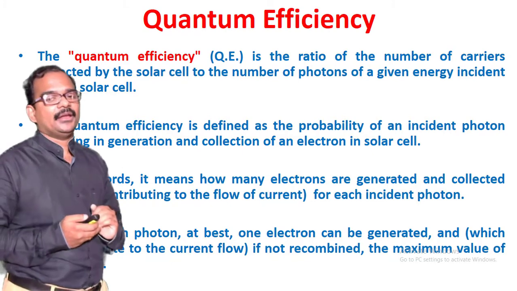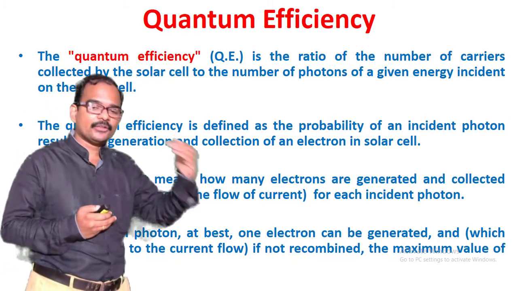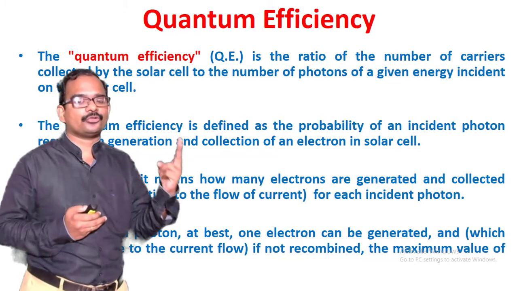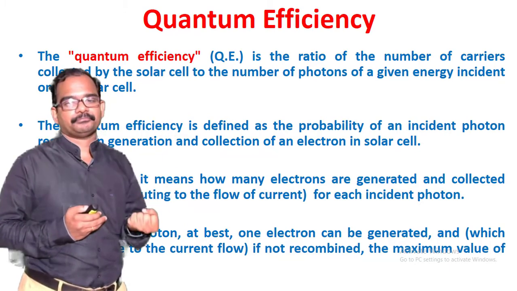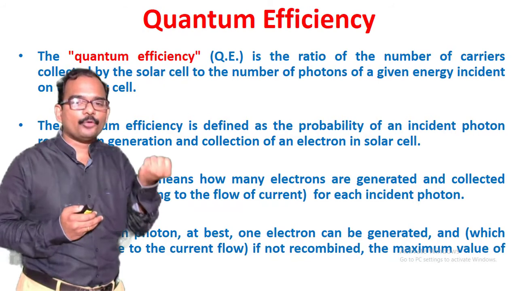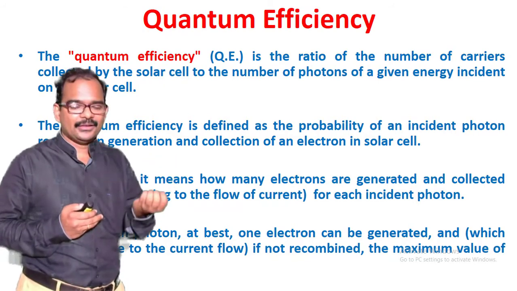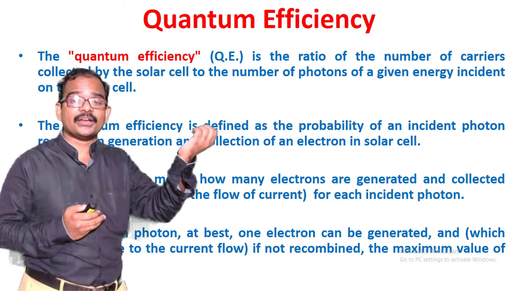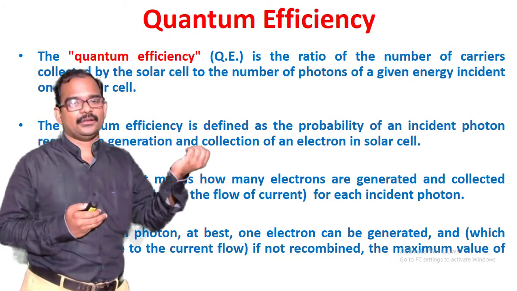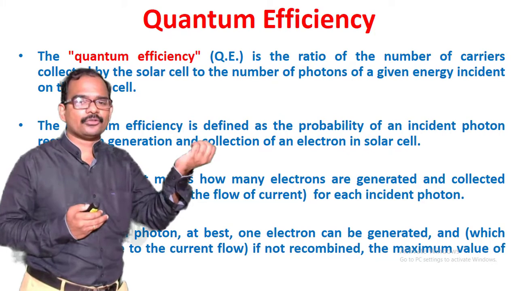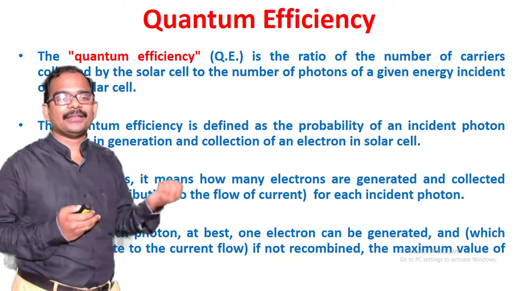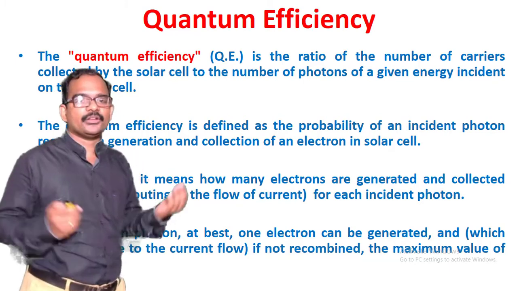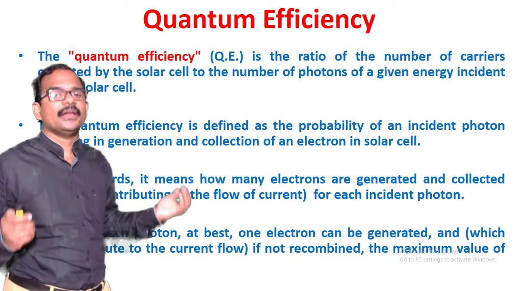On the other hand, if there is recombination happening in a solar cell and two of the light generated electrons got recombined again, then what happens? The number of photons is 10 in the denominator, but in the numerator the number of electrons is only 8, because two of the electrons are recombined, and thereby the quantum efficiency is 80%. It is what is called the concept of quantum efficiency.